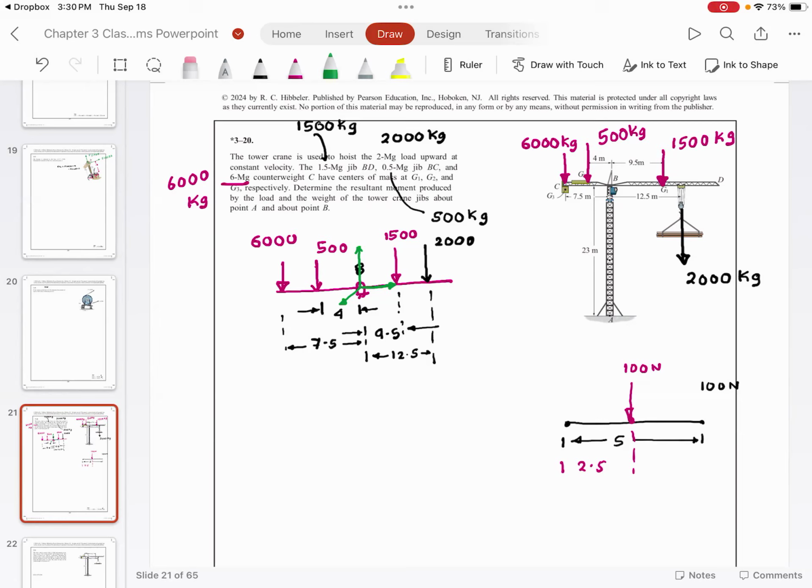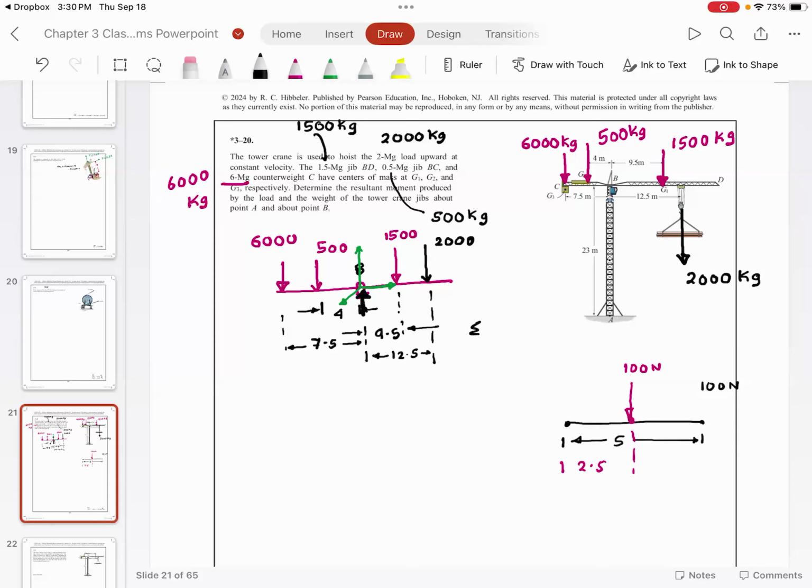If summation of forces is not equal to 0 or summation of moments is not equal to 0, that's a dynamics problem, not a statics problem. So do you agree with me? For this boom to stay where it is, all the downward forces should cancel out the reaction force. Which means the reaction force is going to be the summation. Can someone tell me quickly?